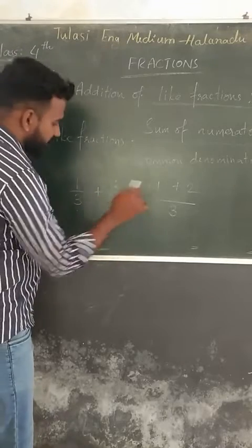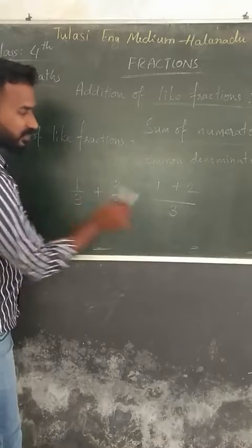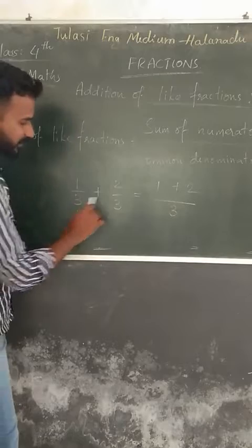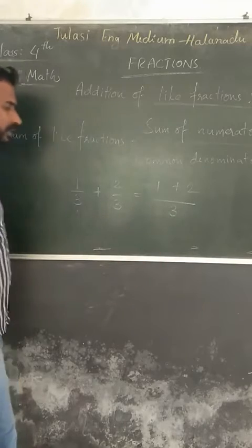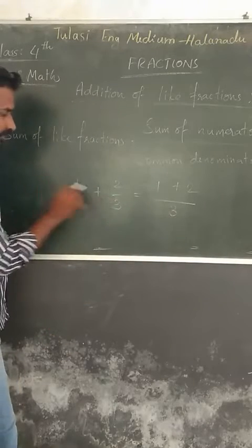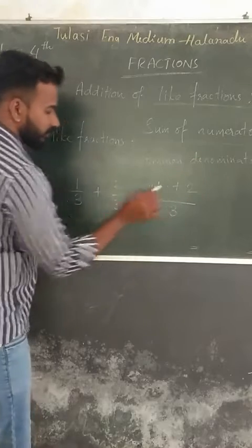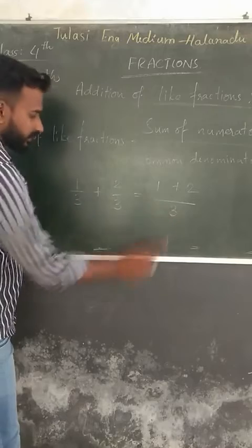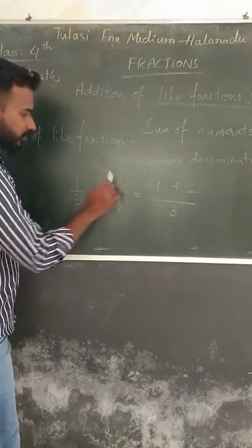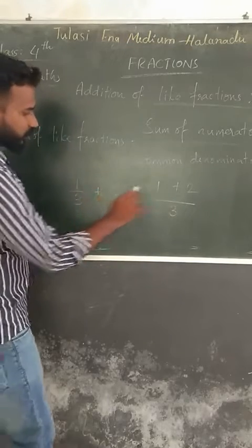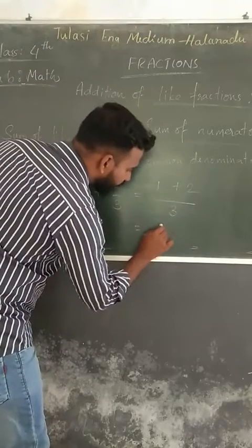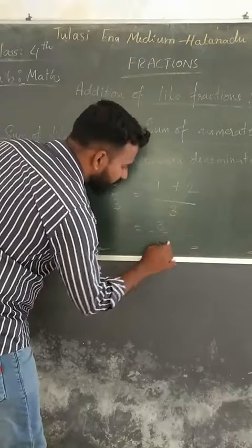Here you have to just add the numerators, not the denominators. Don't add the denominator, just place the same common denominator, 3. I'm writing 3, but you have to add the numerators, 1 plus 2, which is 3. The denominator is also 3.